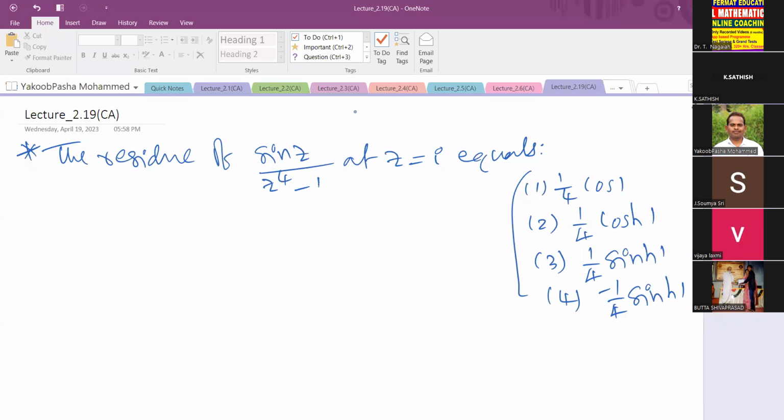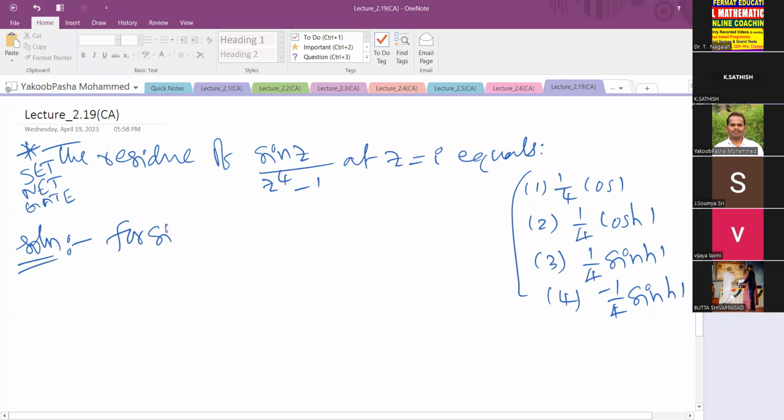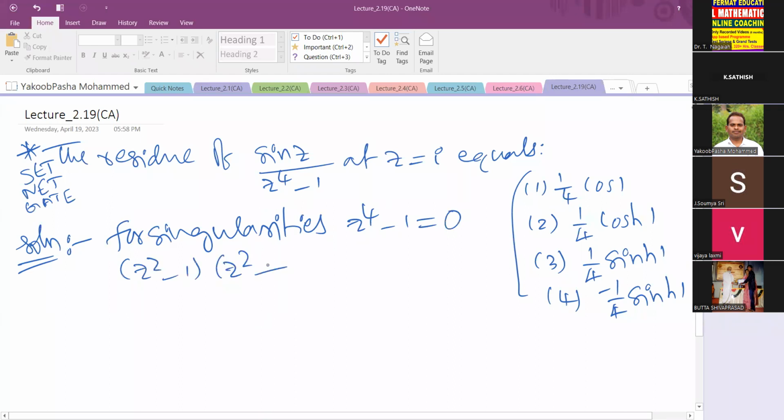So first we have to calculate the singularities. For the singularities, the denominator, that is z power 4 minus 1, is equal to 0. This is nothing but z square minus 1 into z square plus 1 equal to 0.